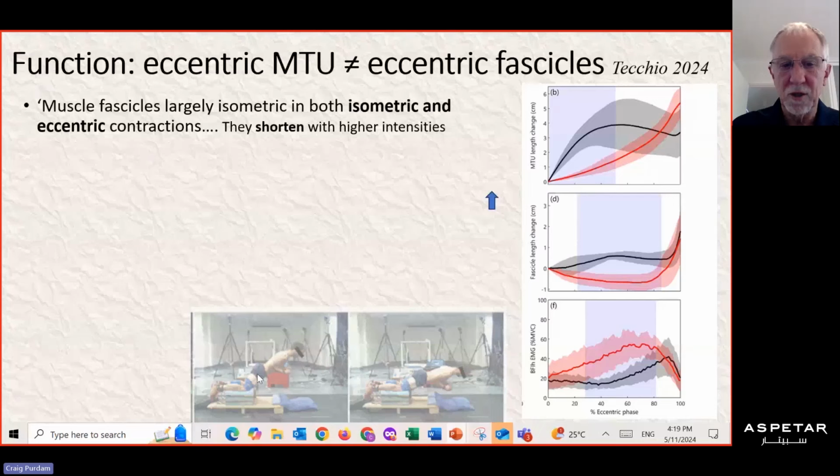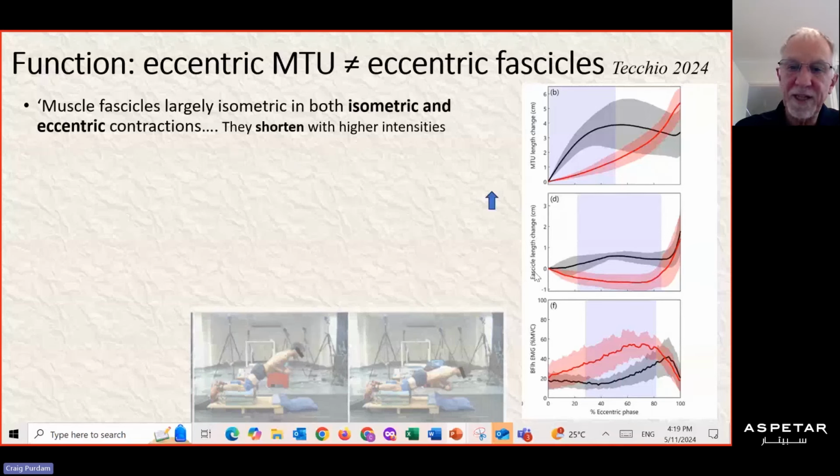So if we look at a person, and this is their work, performing a Nordic activity as they lower further towards the ground, we can look at the muscle tendon unit change in red here, and this lengthens out to around 5 centimeters or so.